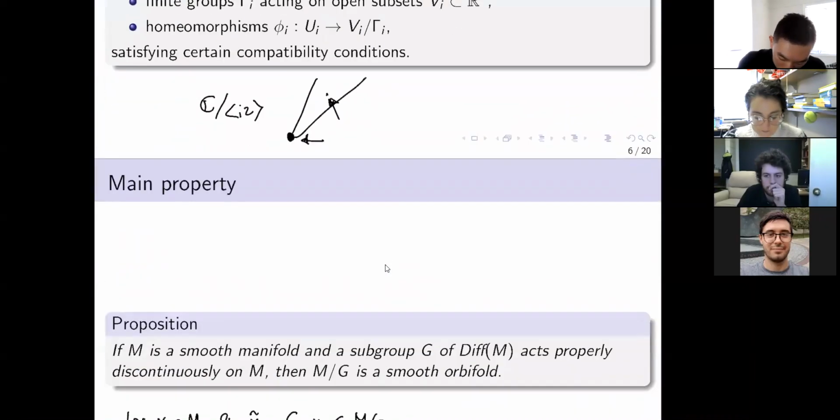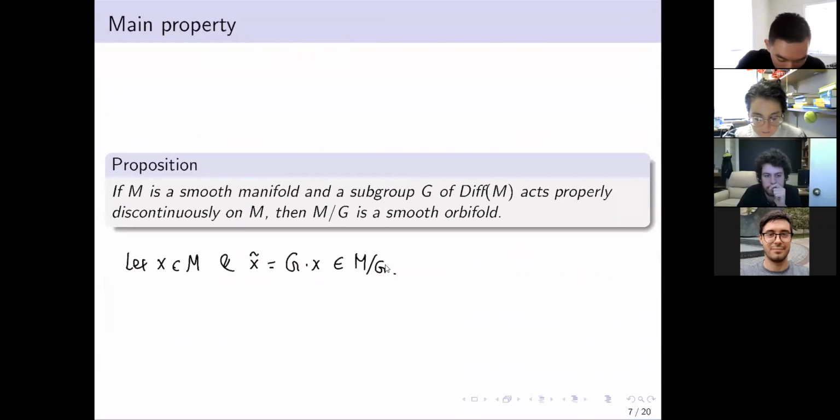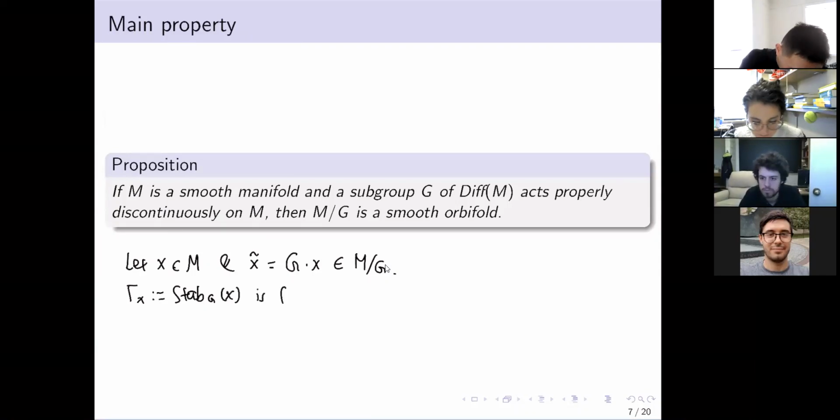Then I know that, by the assumption that the action is properly discontinuous, the stabilizer, which I'm going to denote as Γ_x, the stabilizer under G of the point x, is going to be finite by the assumption. And so these stabilizers are going to be the finite groups that we are talking about in the definition of the orbifold.